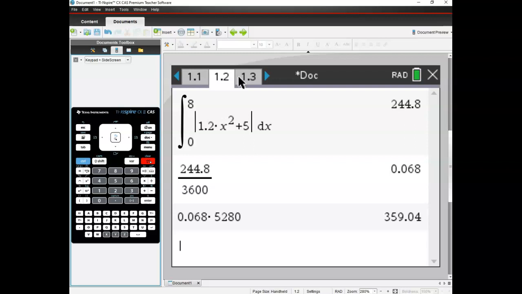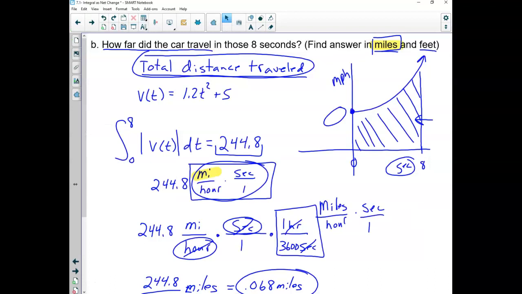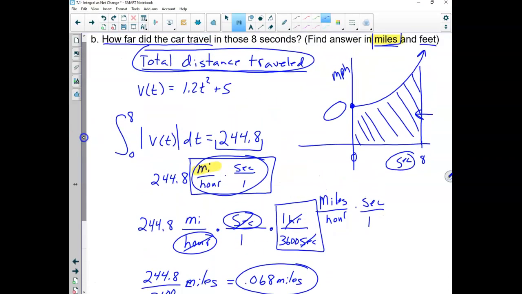The other thing I could do, it'd be a little bit more tedious, is take my velocity function here.